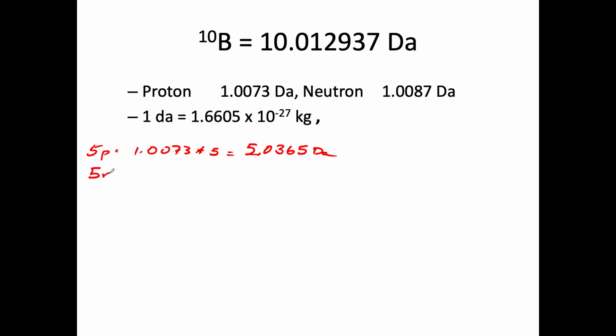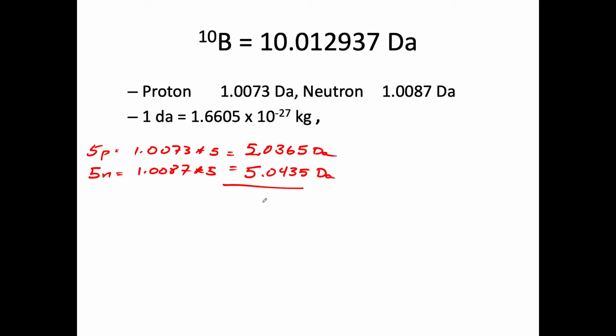We've got 5 neutrons. 1.0087 times 5 gives me 5.0435 Daltons.